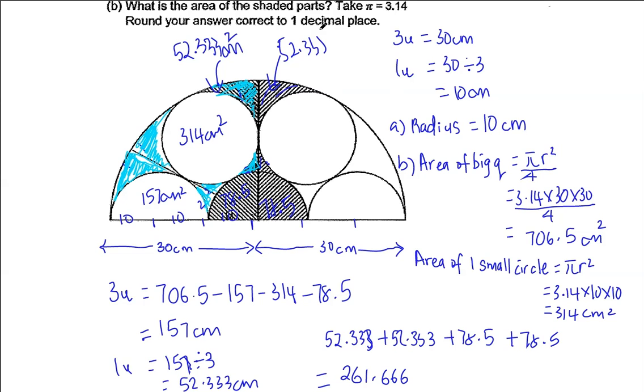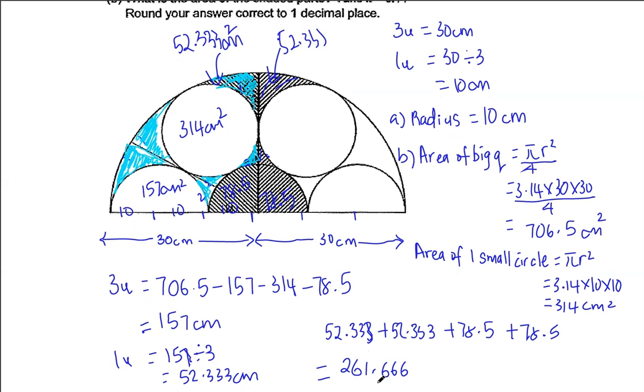Alright, but that's not our final answer. They want you to round off your answer correct to 1 decimal place. So for 1 decimal place, we look at the number after it. 6 is more than 5, so we round up. So therefore the answer is 261.7 cm squared. That's the final answer.